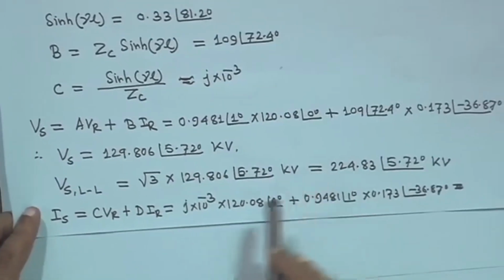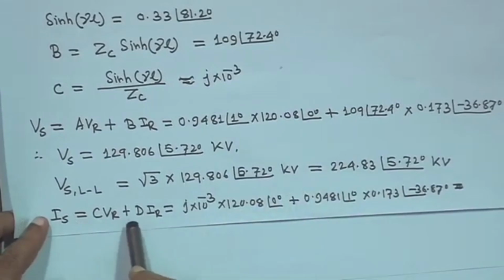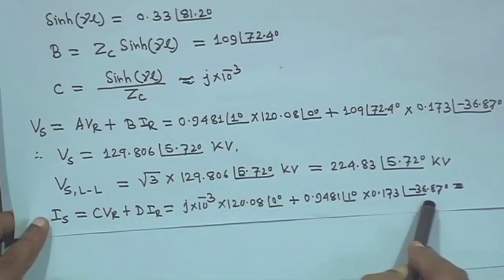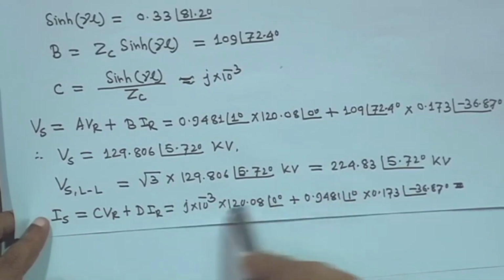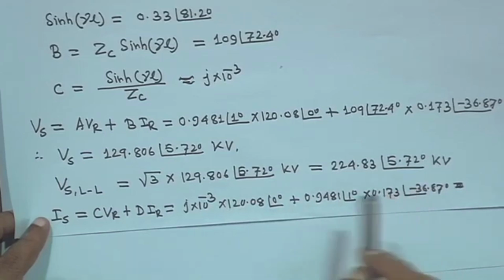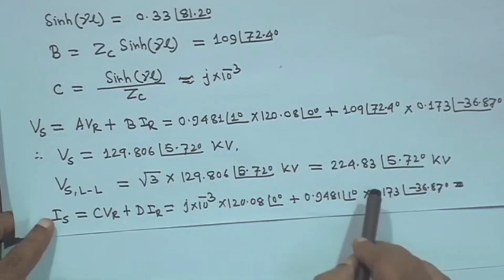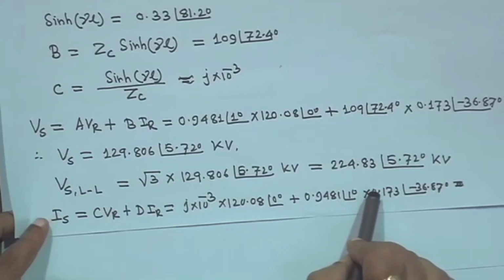Similarly, sending end current Is is equal to C VR plus D IR. C is known, D is known, VR, IR all known, you substitute here, not repeating again, only thing is this is in kV, so this is in kilo ampere, so this part will be in terms of kilovolt.